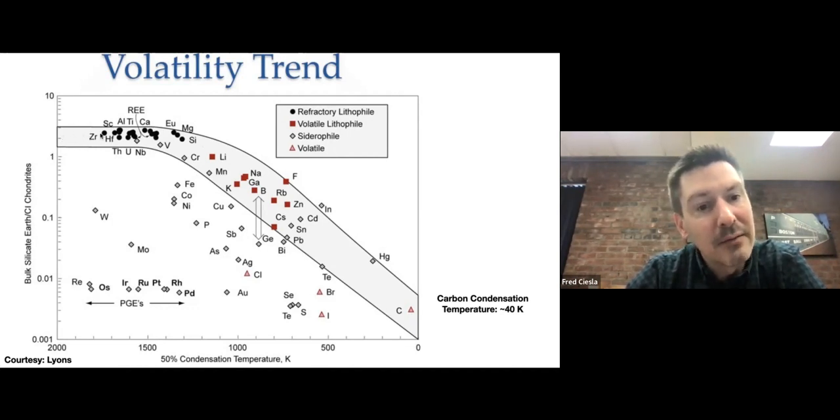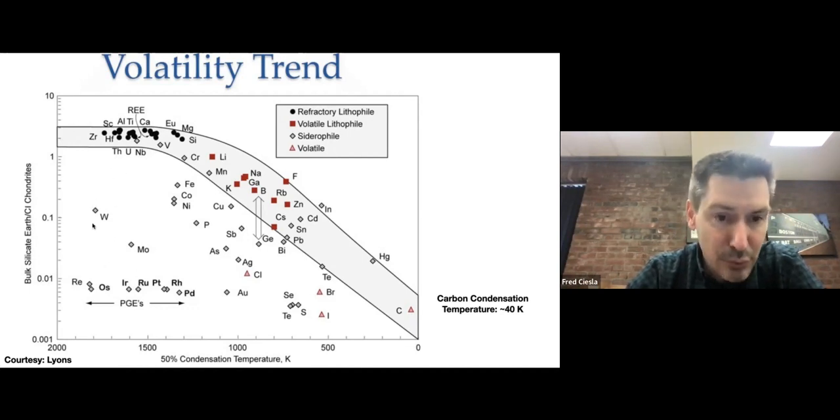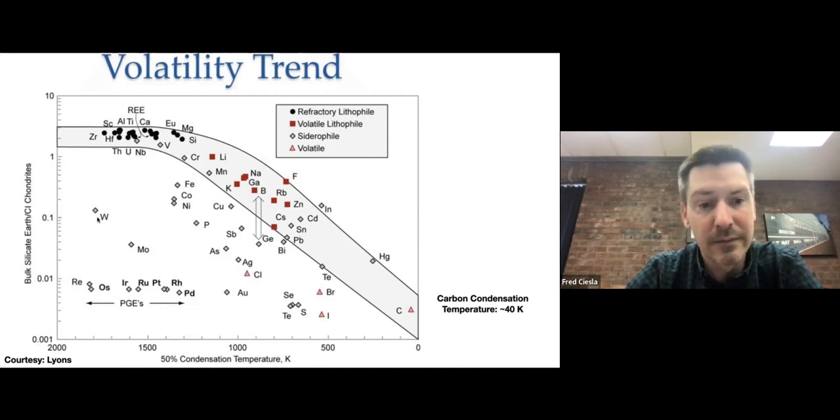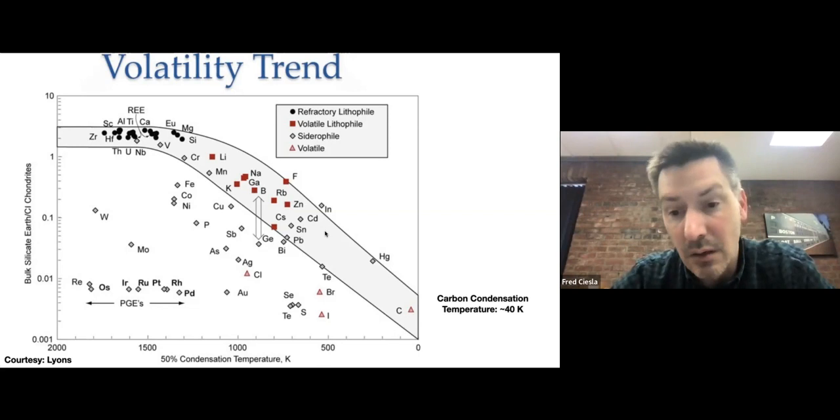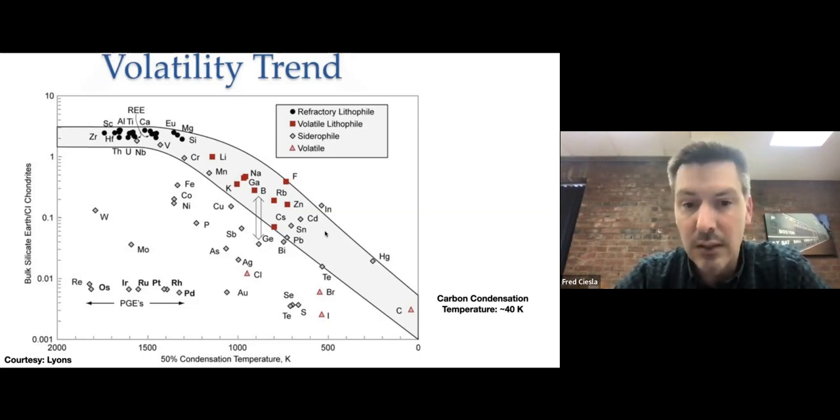But basically we have, again, a flat abundance at high temperature, except for those siderophile elements. So presumably, if we had all of the Earth's tungsten mixed in, including what's in the core, it would plot up here as well. But again, as we go to lower and lower temperatures, we see that the elements become more and more depleted.